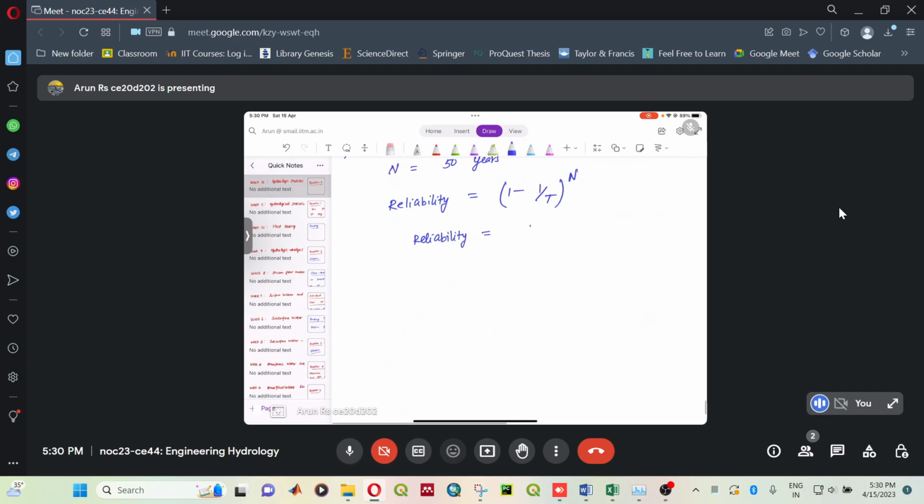So reliability is equal to 1 minus 1 by 190.3 to the power of 50.